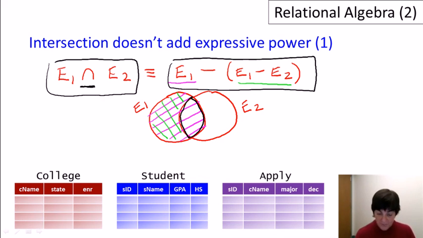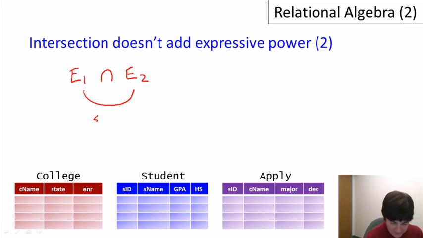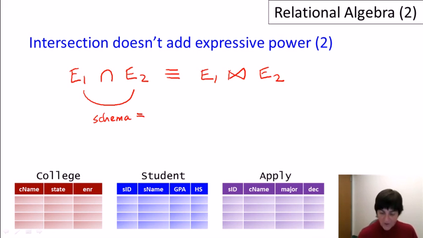Let me show you a completely different way in which intersection doesn't add any expressive power. So let's go back to E1 intersect E2. And as a reminder, for this to be completely correct, these have to have the same schema between the two. E1 intersect E2 turns out to be exactly the same as E1 natural join E2 in this particular case, because the schema is the same.